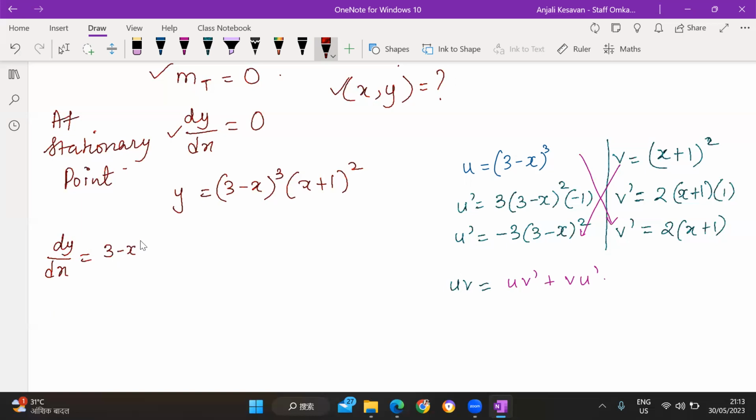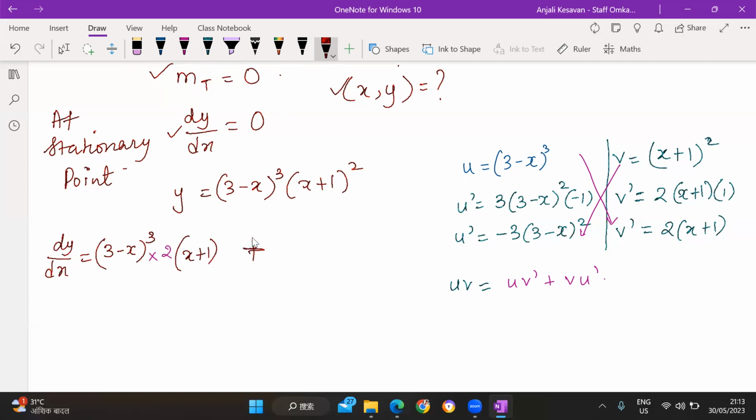3 minus x the whole cube times, by now you know you have to multiply, 2 times x plus 1. Okay?